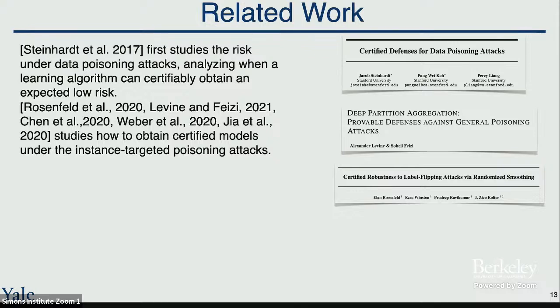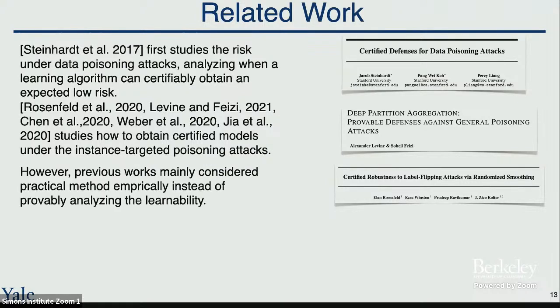And the way that I got interested is really by looking at these papers. But what we try to do today is analyze learnability in these contexts. Under what conditions can we learn rigorously? Okay.